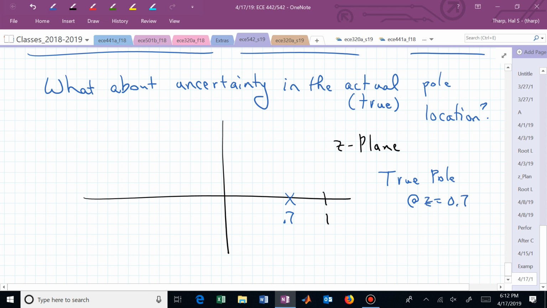So now we have a pole at 0.7. Where did we put our zero in our PI controller? We located it at 0.75, didn't we? We thought our plant had a pole at 0.75, and our PI controller had a zero there.